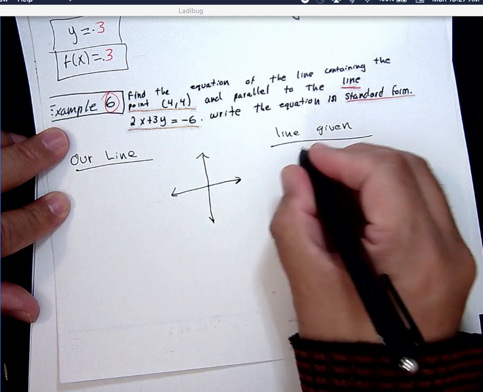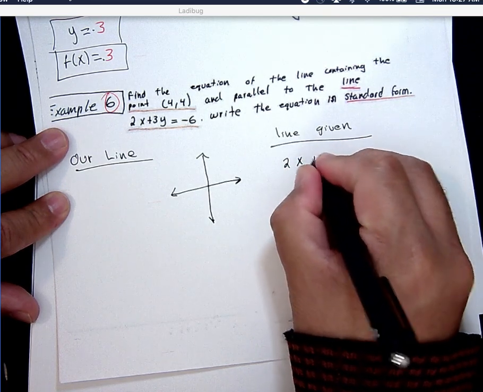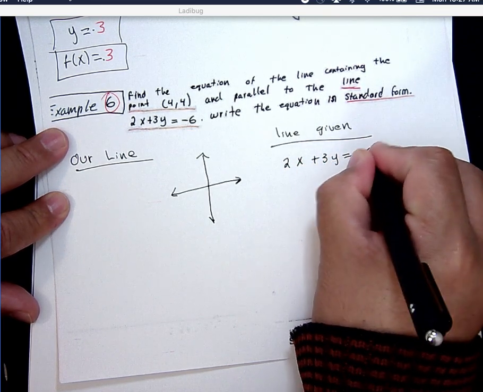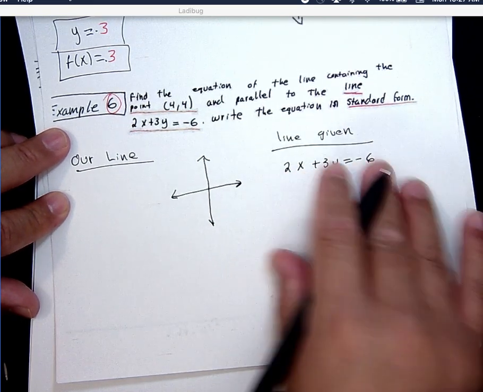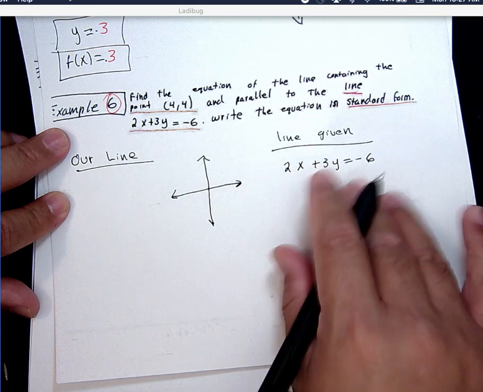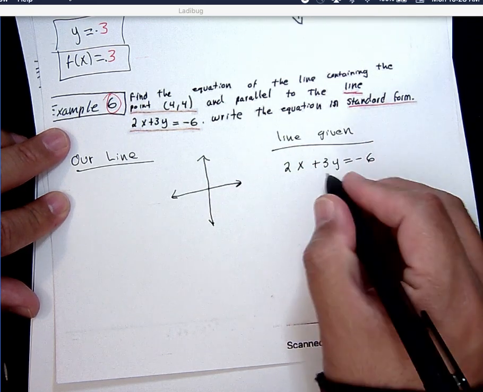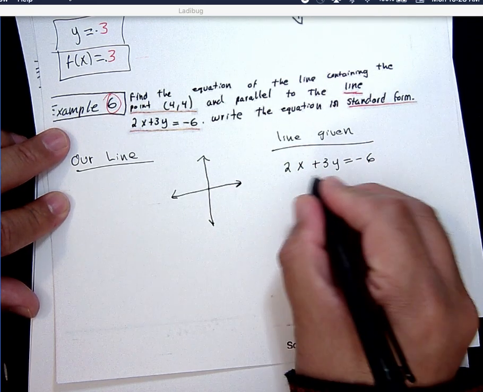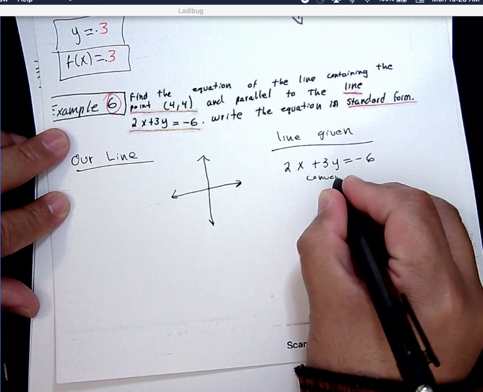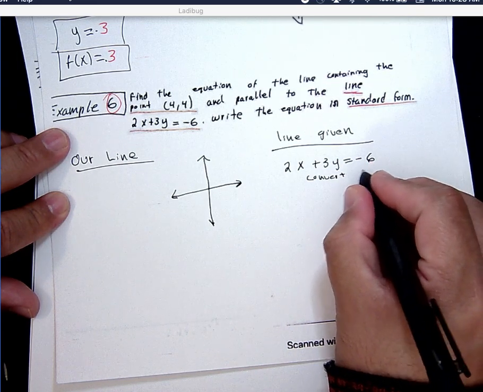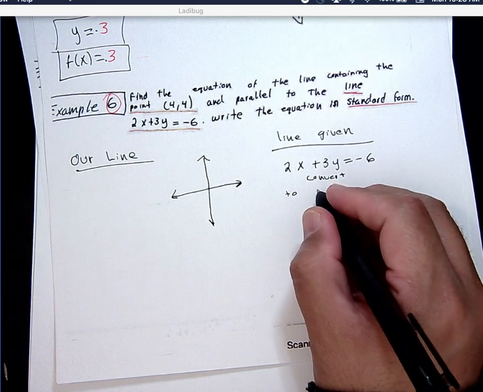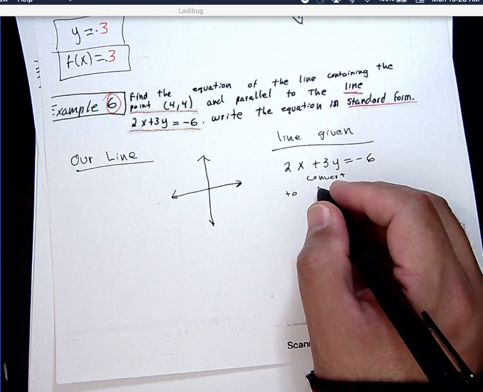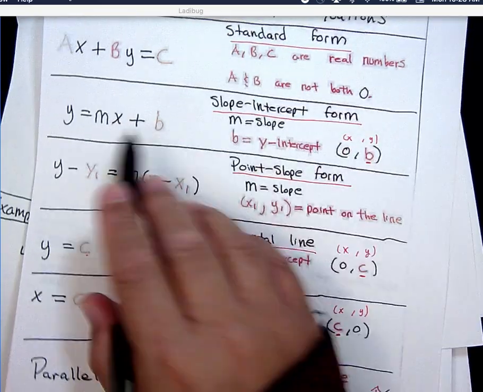Okay, so let's work with what's given to us. So that's the other line. So how can we find the slope of this line? There are different ways, but we're going to have to convert to the slope-intercept form.